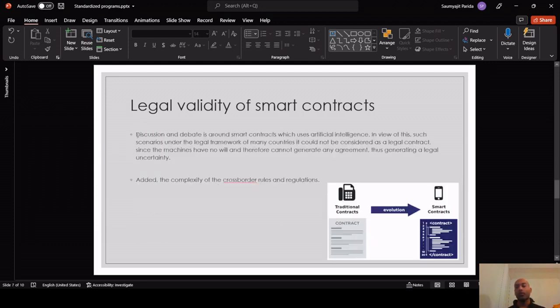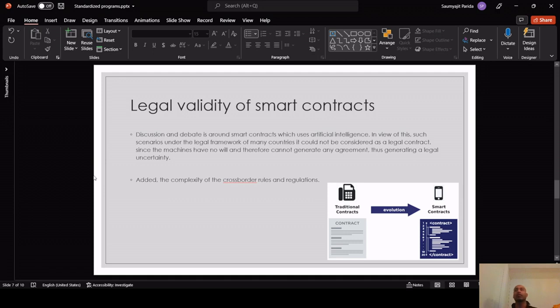Well, there are a lot of discussions and debates around smart contracts. Currently, the status of development is that it has started using artificial intelligence. In view of this, such scenarios under the legal framework of many countries could not be considered a legal contract, because a smart contract with AI couldn't be considered a legal contract since machines have no will and therefore cannot generate any agreement, thus generating legal uncertainty.